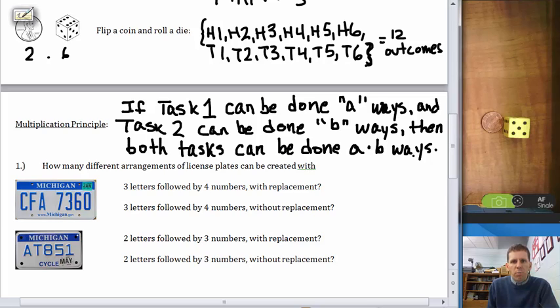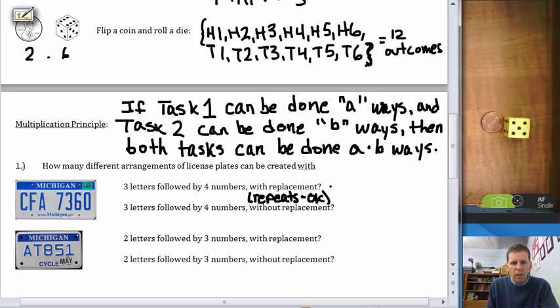This multiplication principle can be very helpful in a number of different contexts. Let's look at license plates, for example. Here we have a license plate that starts with 3 letters followed by 4 numbers. And the question says how many different arrangements of license plates can be created with 3 letters followed by 4 numbers with replacement. With replacement means that repeats are okay. So we can repeat numbers or letters as well.